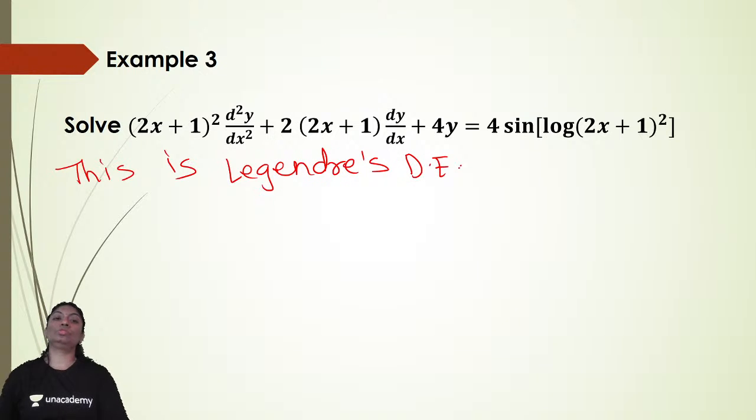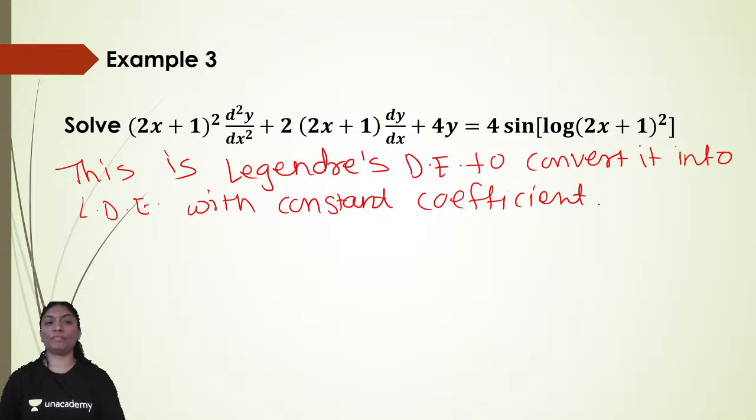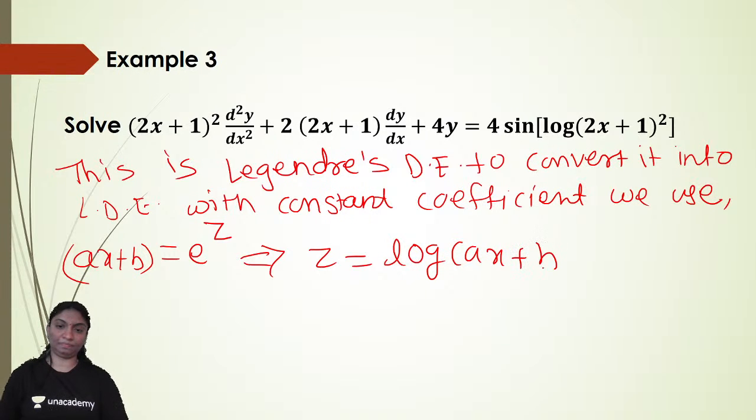To convert it into a linear differential equation with constant coefficient, we use ax plus b is equal to e raised to z, which implies z is equal to log of ax plus b.